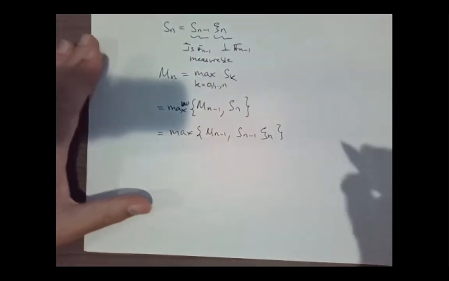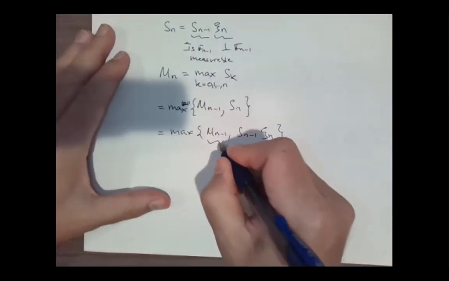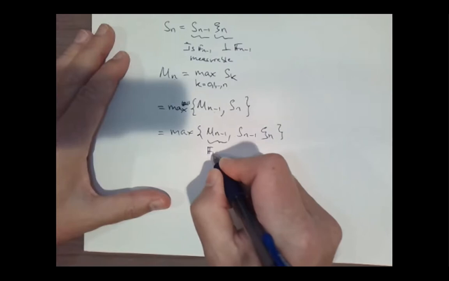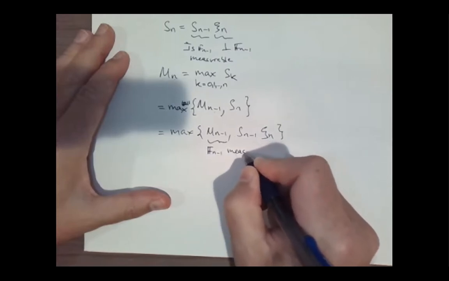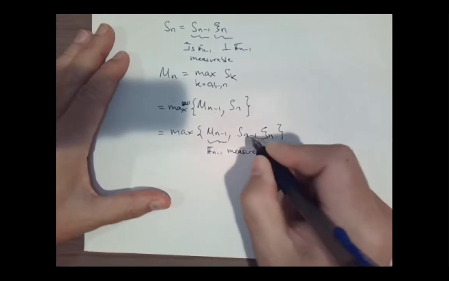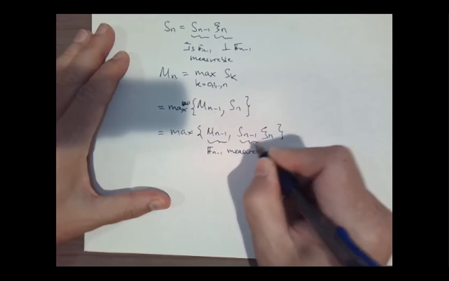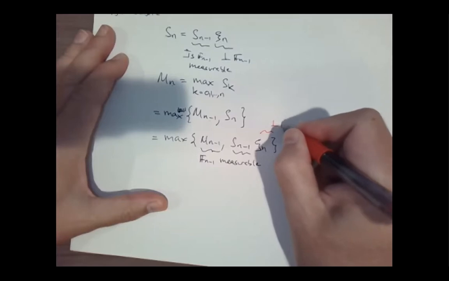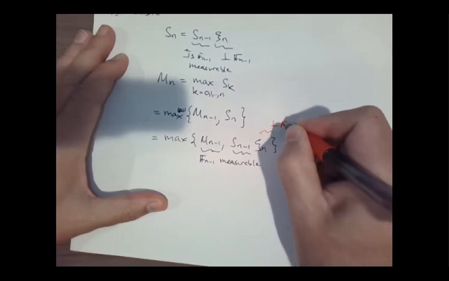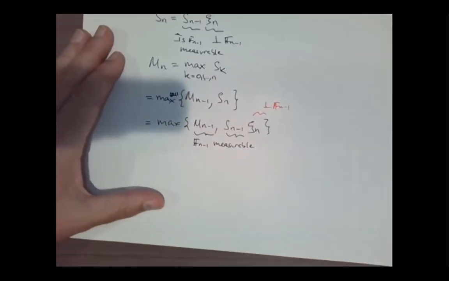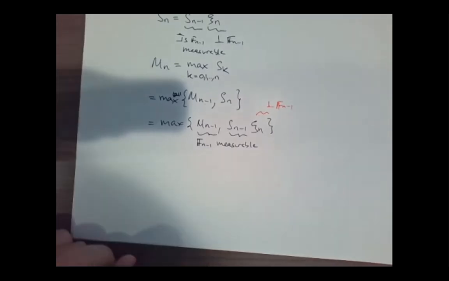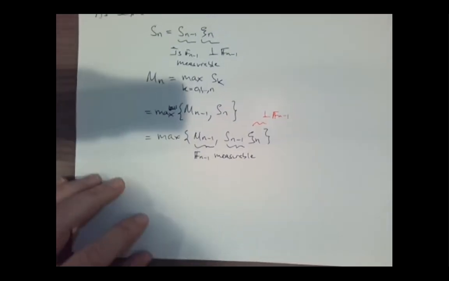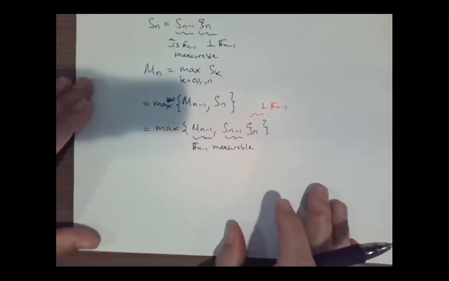So as before, this thing here is Fn minus 1 measurable. So is this one. And this one is independent of Fn minus 1. And that's what I need to use the independence lemma, and then I'll carry on and compute the conditional expectation.